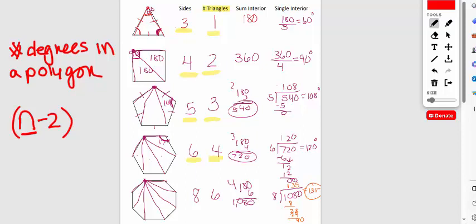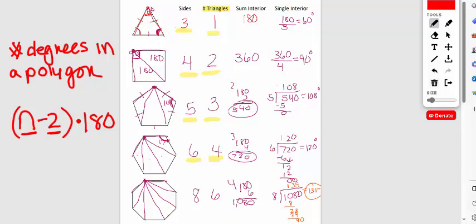And once we know how many triangles we have, we just multiply that by 180. So this is the formula for the number of degrees in a polygon: number of sides, take away 2, and then times 180. So that's one way you can figure out an interior angle of a polygon.